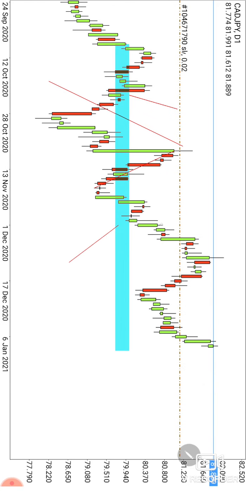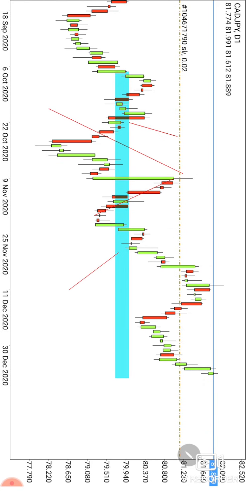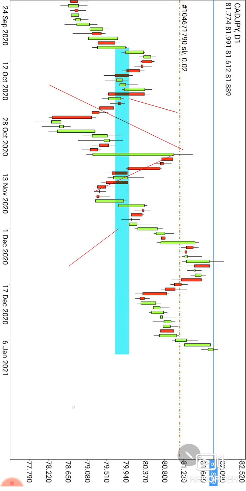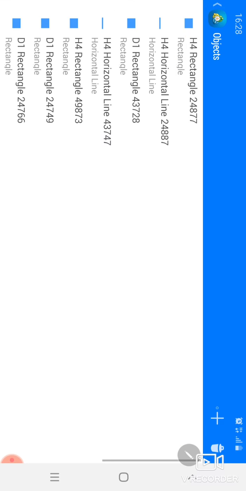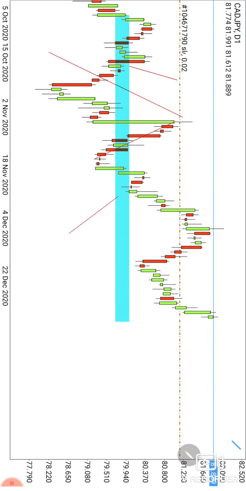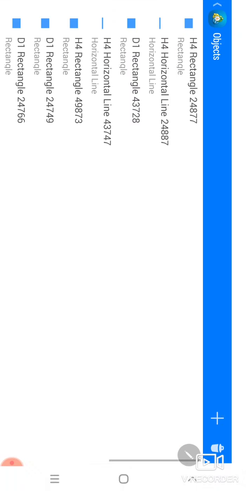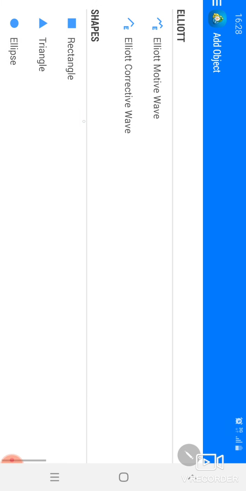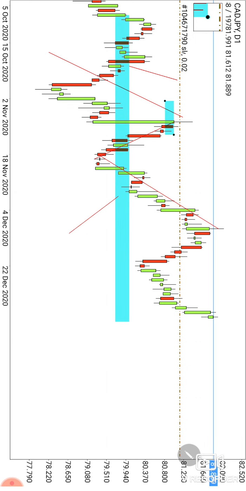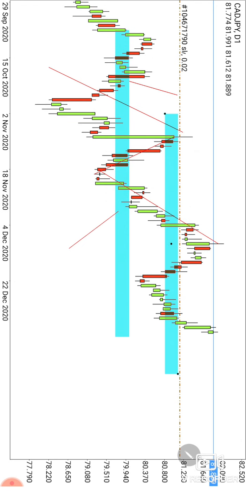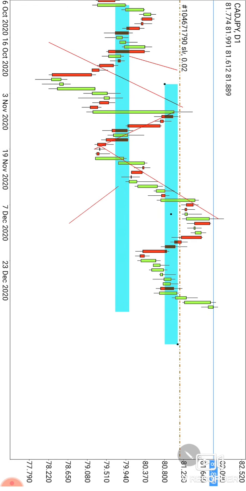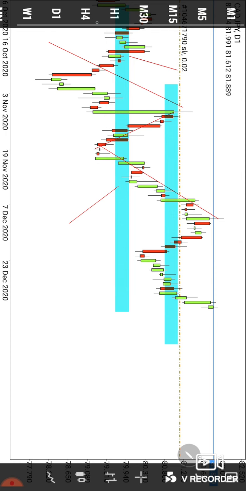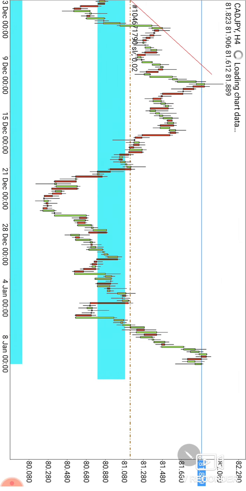And why I buy here is that price is moving towards the upside. And where is the next clue? The next clue, there was a push. And what did that push do? That push broke a previous supply, which is around here. And that is why I buy.